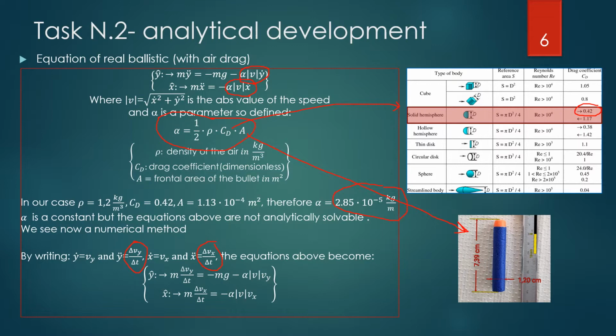The derivative is also, in the numerical approach, transformed into a ratio delta v over delta t. And this is the numerical expression of the above equation, which we are now going to solve.